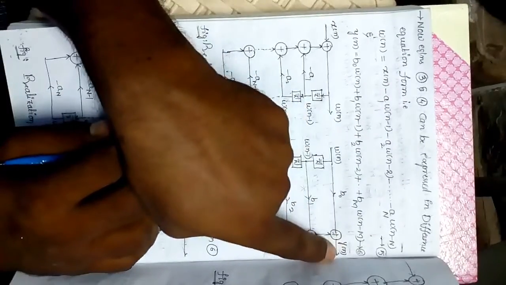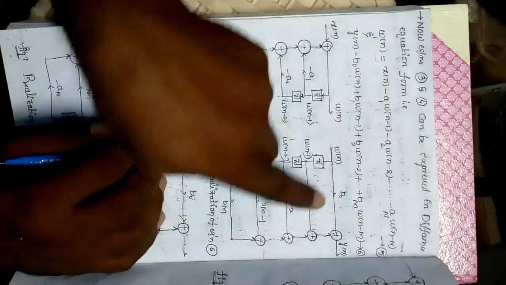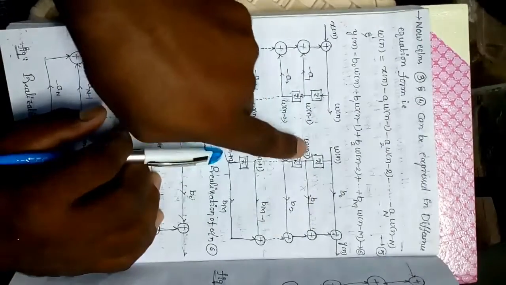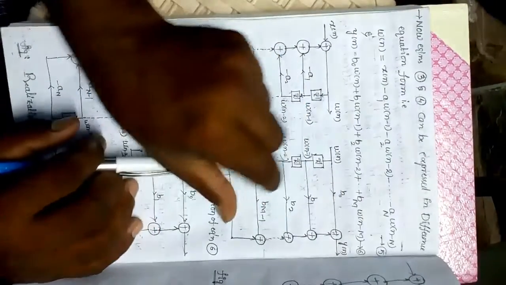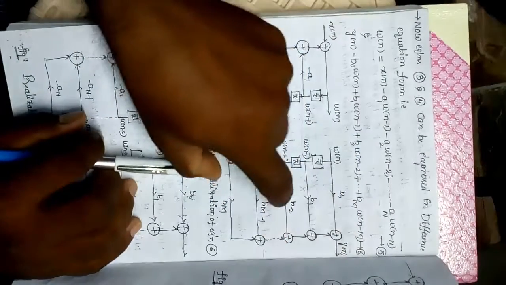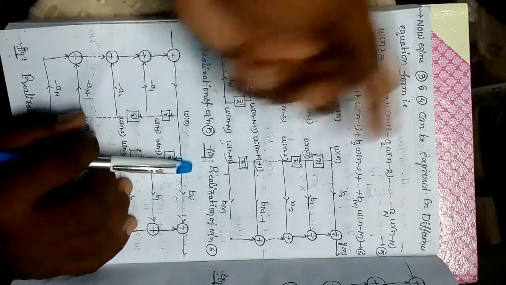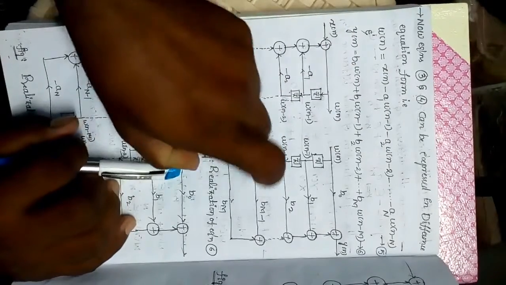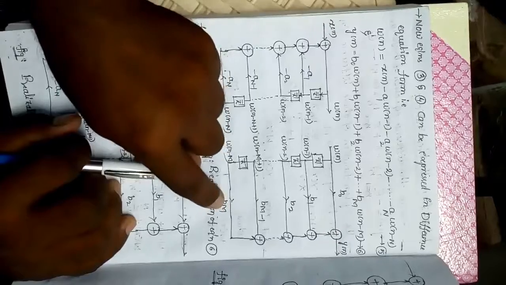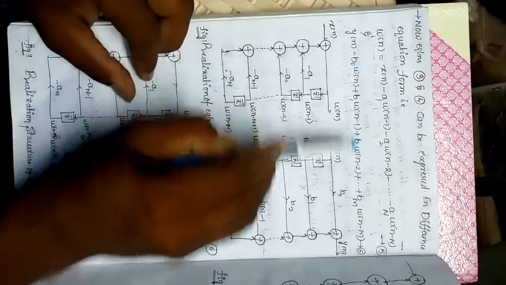So y of n is equal to b0 into w of n plus b1 into w of n minus 1 plus b2 into w of n minus 2 plus and so on, b m minus 1 into w of n minus m plus 1 and plus bm into w of n minus m, this is the mth term, the last term. Again you are getting this equation only.